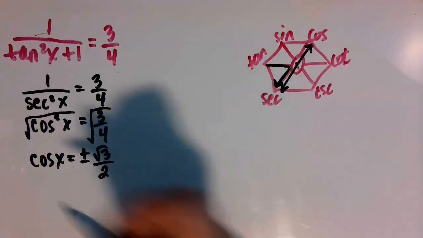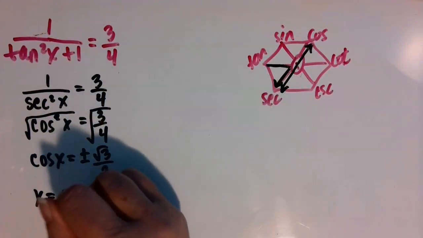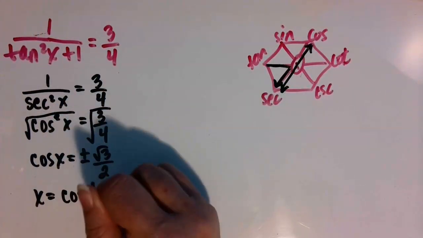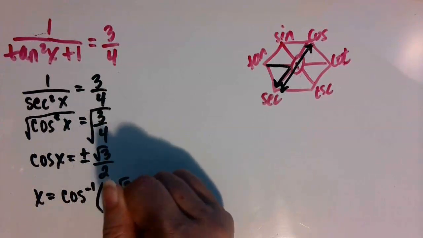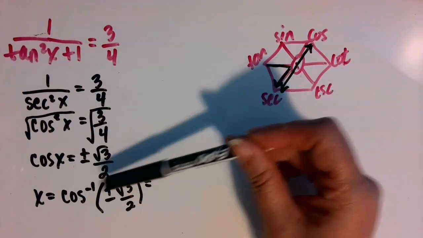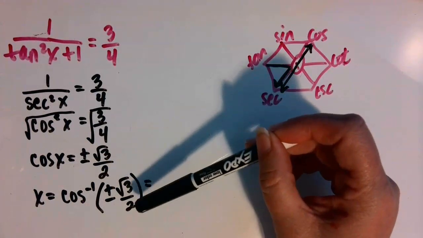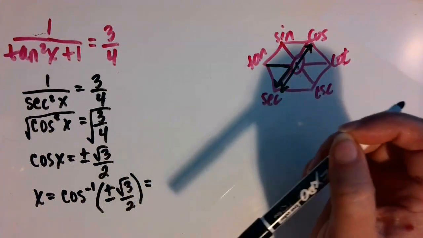And that's going to give us an x that is equal to the arccosine of plus or minus root 3 over 2. So we're looking for the angles on the unit circle that have a cosine, which is the x coordinate, of root 3 over 2 or negative root 3 over 2.